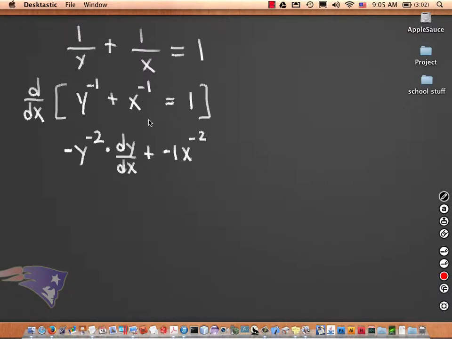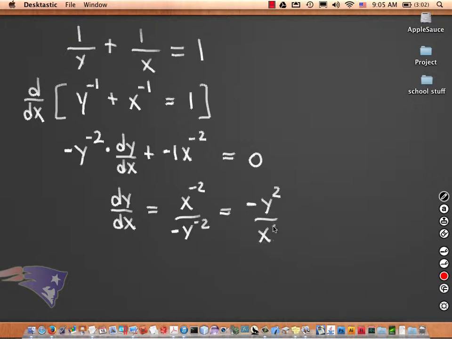Now again, we'd use the chain rule, but the derivative of x is 1, so that's why I don't write the times 1 out here. Equals 0. And now I start to solve. Dy dx equals x to the negative 2 over y to the negative 2, but this reciprocates, so this is negative y squared over x squared.